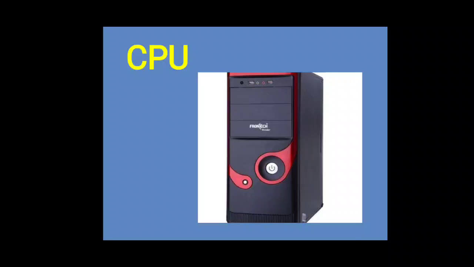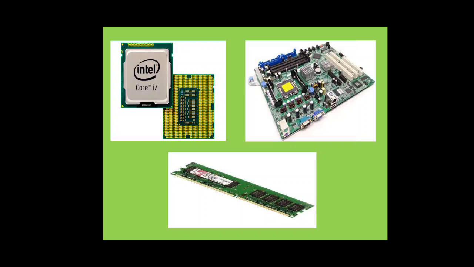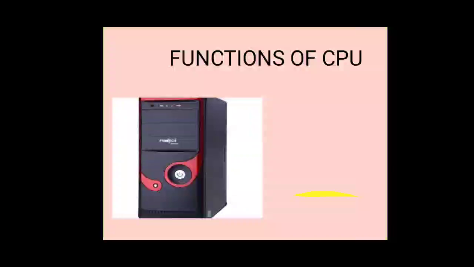So these are the functions of the computer's CPU. In this picture you can see, the first one is called microprocessor, the second one is called motherboard, and the third part is called RAM.